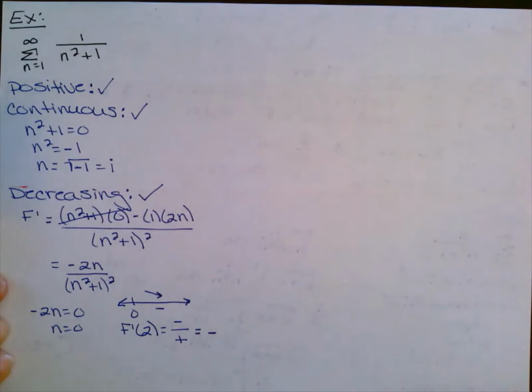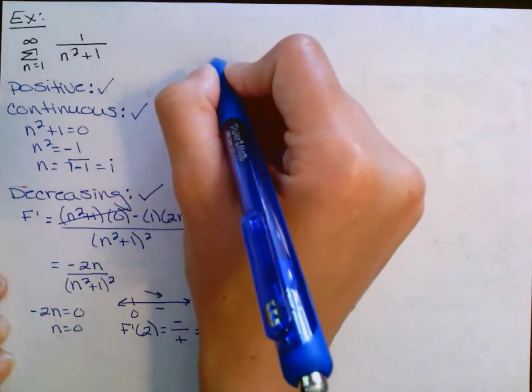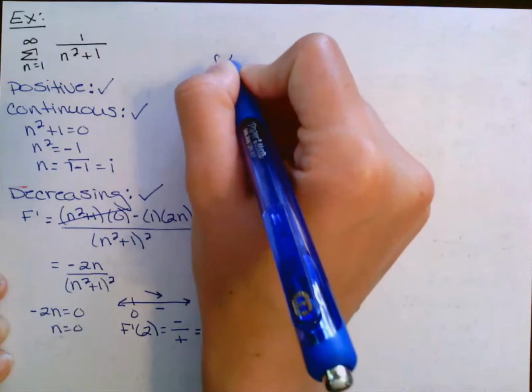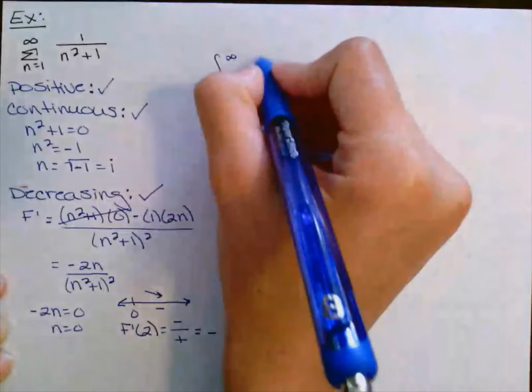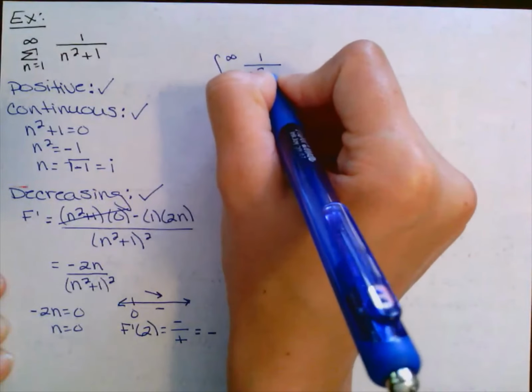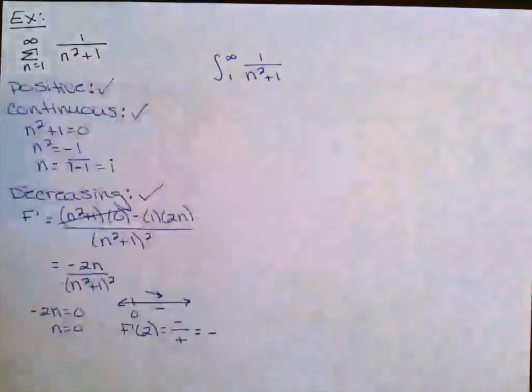Okay? Now that I've proven continuous, positive, and decreasing, I can move on to the integral from 1 to infinity. And I pick 1 to infinity because of these here. Of 1 over n squared plus 1.